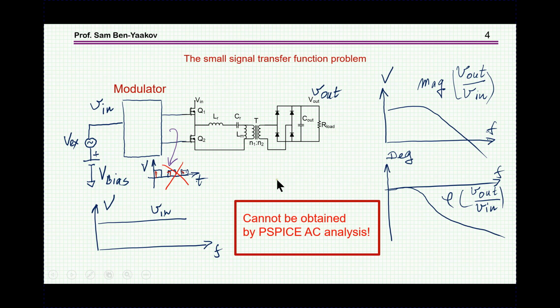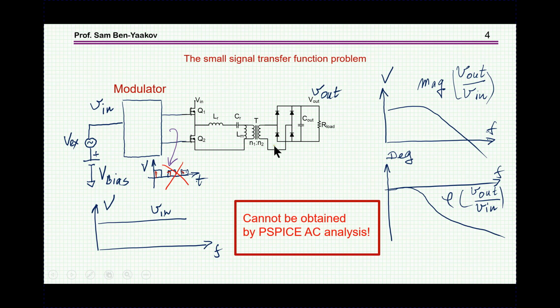Now, I should stress that this transfer function, although it sort of sounds the same as AC analysis of SPICE, cannot be obtained by SPICE or PSPICE, because in an AC analysis of SPICE, what is really occurring is that the simulator will first linearize the system around the operating point, that is around the bias point.